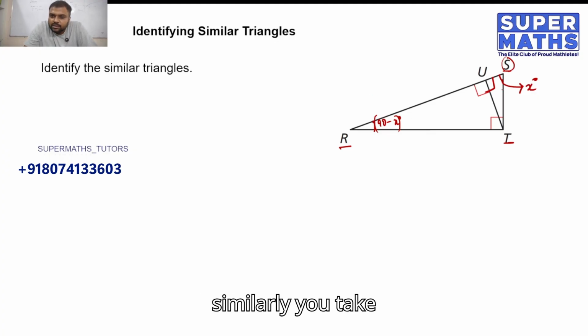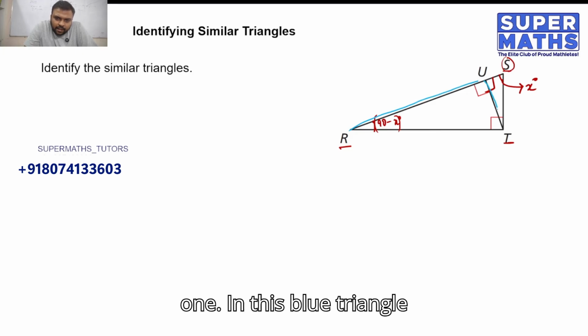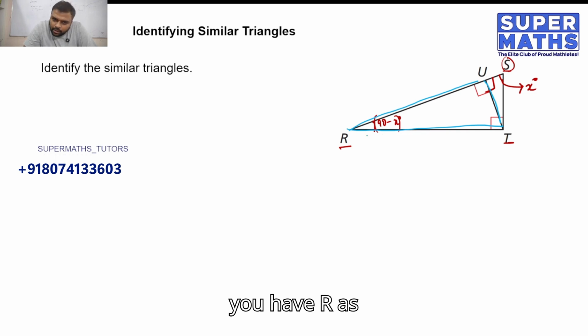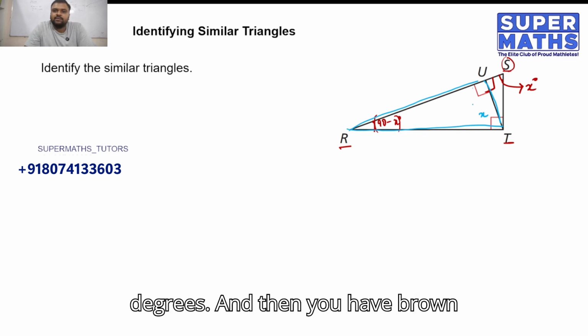Now similarly, you take a blue triangle, which is this one. In this blue triangle, you have R as 90 minus X, U as 90, so T will be X degrees.